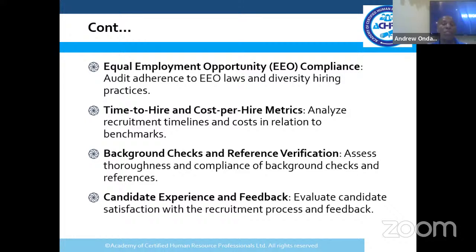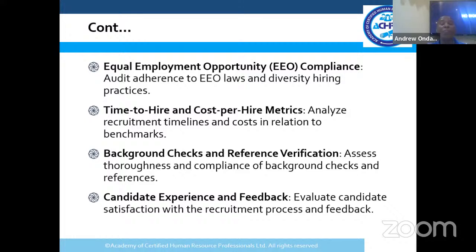As you audit, find out whether there is equal opportunity employment, and this can be demonstrated by the type of people who are hired. If there is an imbalance, probably in terms of gender, then the equal opportunity employment is at question.